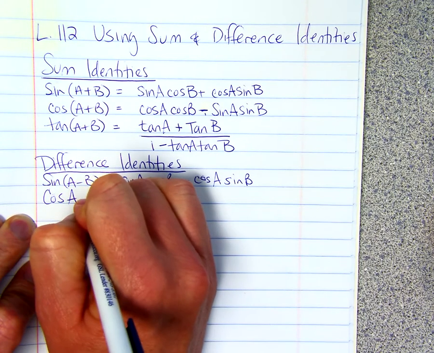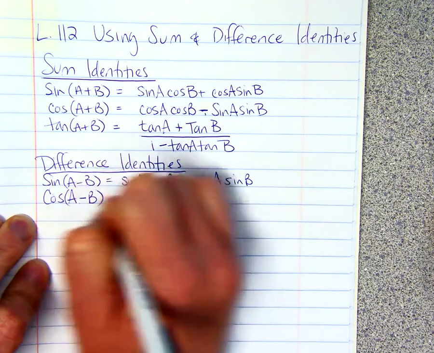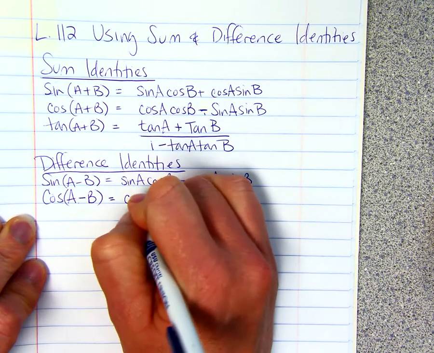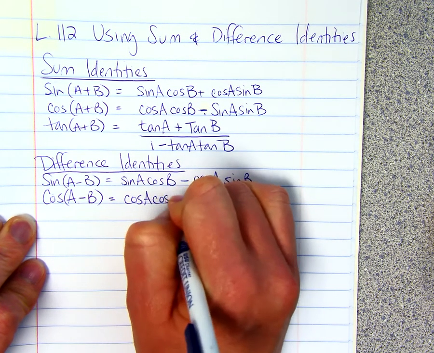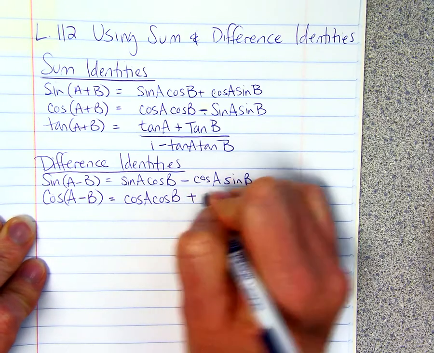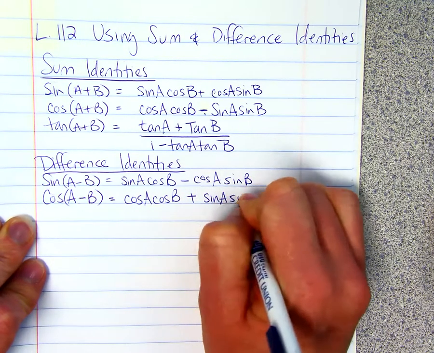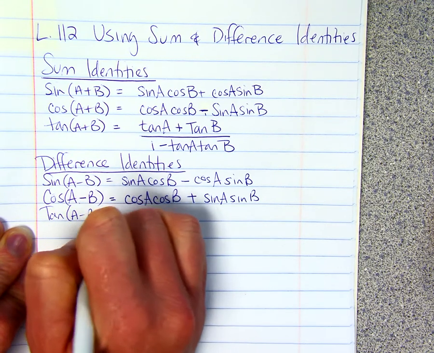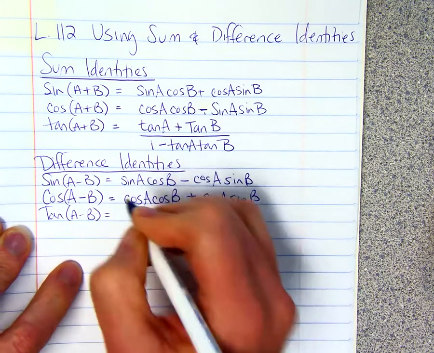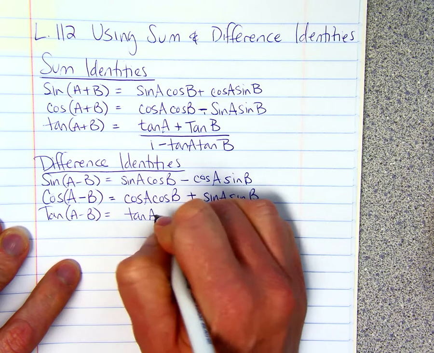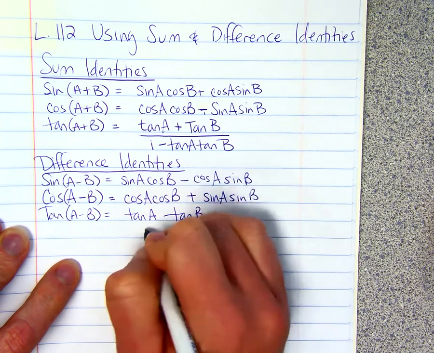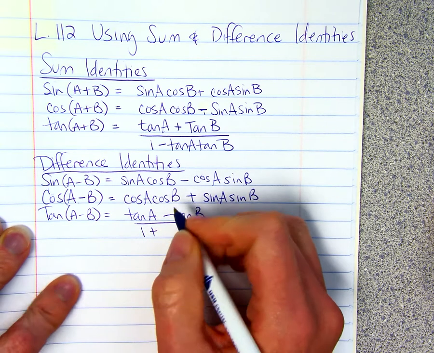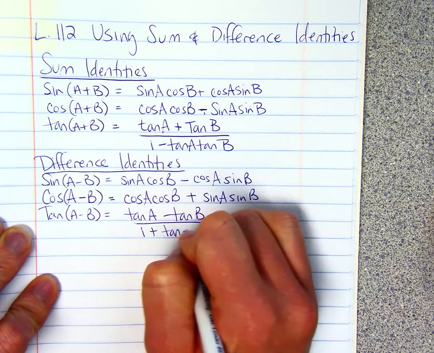The cosine of a minus b equals cosine of a cosine of b, the same thing, plus sine of a times sine of b. And then the tangent of a minus b equals tangent of a minus tangent of b, all of that divided by 1 plus tangent of a tangent of b.